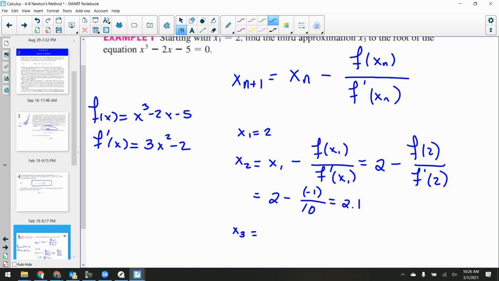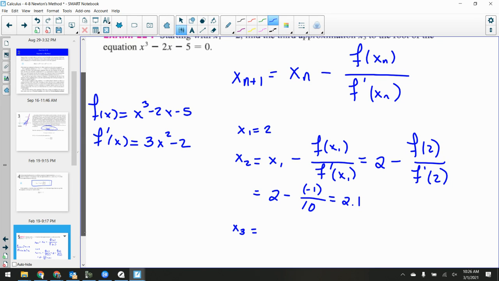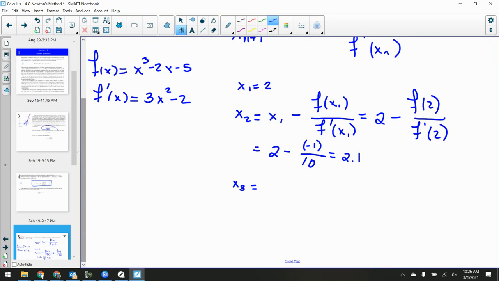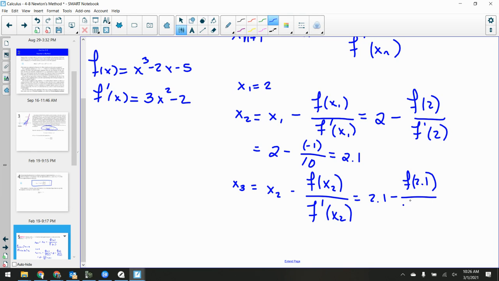If I could keep going, x3 is going to be x sub 2 minus f of x sub 2 over f prime of x sub 2. But we know x sub 2 is 2.1, so that's 2.1 minus f of 2.1 divided by f prime of 2.1.